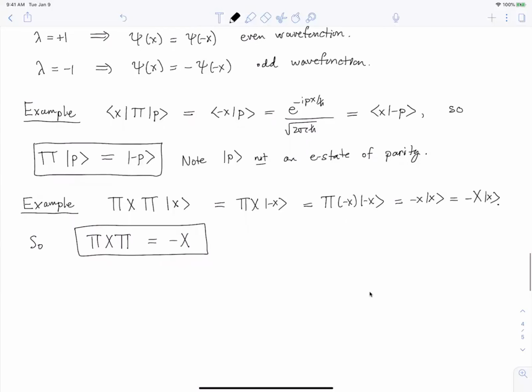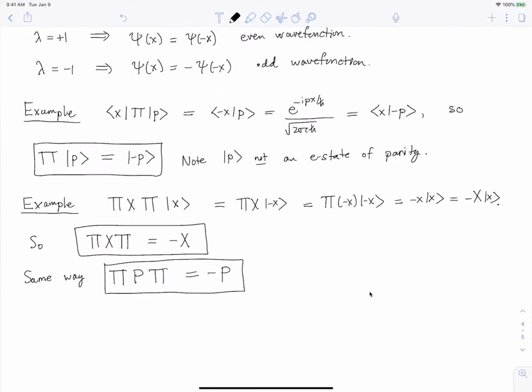Okay, and if you do exactly the same thing, but for the operator p instead, you get the same result. Pi p pi. By the way, that's why pi is the symbol for parity and not p, because we need p for momentum. This is equal to minus the operator p.